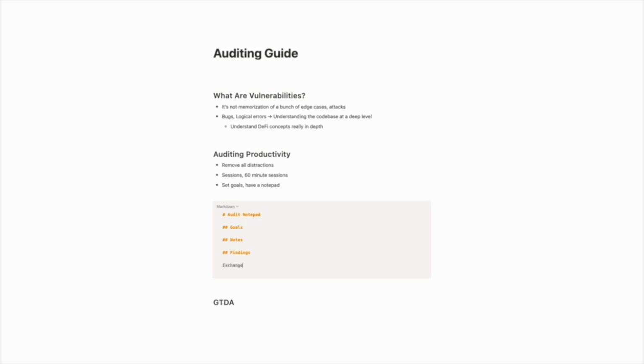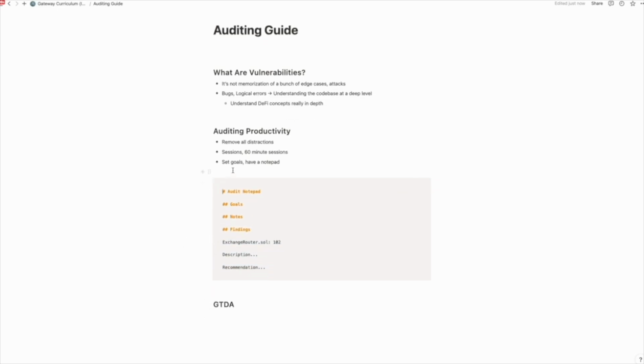Let's say, something in the Exchange router on line 102, here's the description, dot dot dot, and then here's the recommendation, dot dot dot. At the end of my session, I copy and paste all these into threads in Discord, just so I don't have to have Discord open. But yeah, this is what my notepad usually looks like.